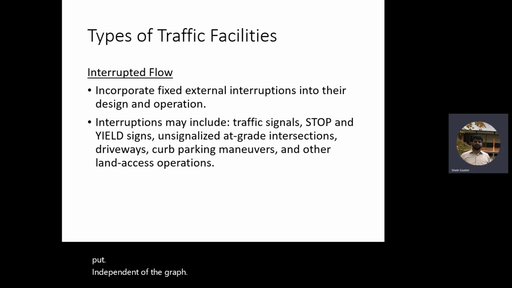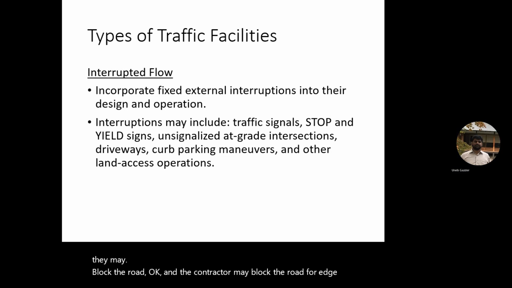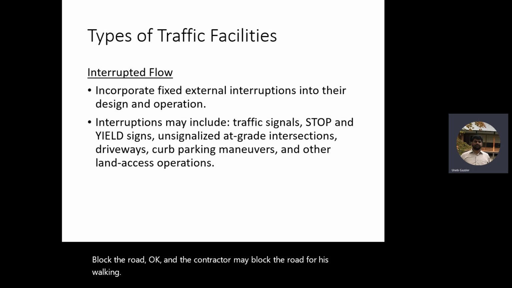Okay, so it is external, and it should be fixed. It should be fixed. So you may see on some roads an accident happens or some construction activity is going on. So the police may come and they may block the road. Okay, the contractor may block the road for his working. Is this an external interruption?